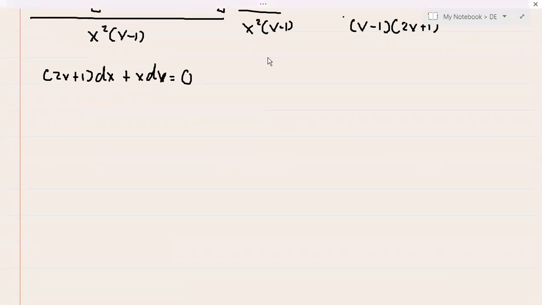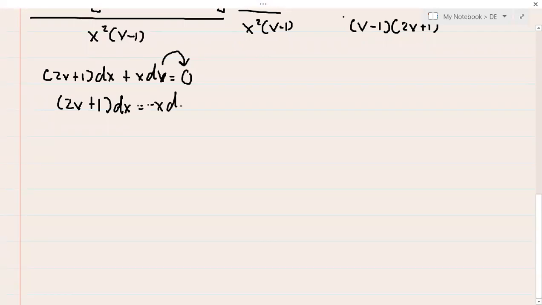Okay? So speaking of integrate, anong method gagamitin natin dito? We will use separable variable because as you can see, pwede nating ipag-combine yung function ng v kay dv at function ng x kay dx. So paano? Transpose x dv on the right side. So we have quantity 2v plus 1 times dx is equal to negative x times dv.